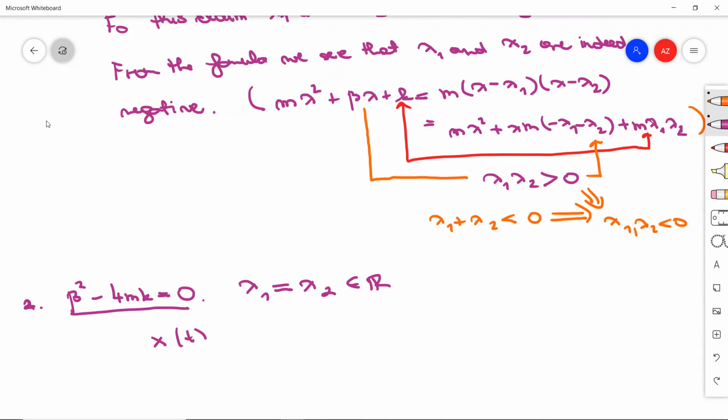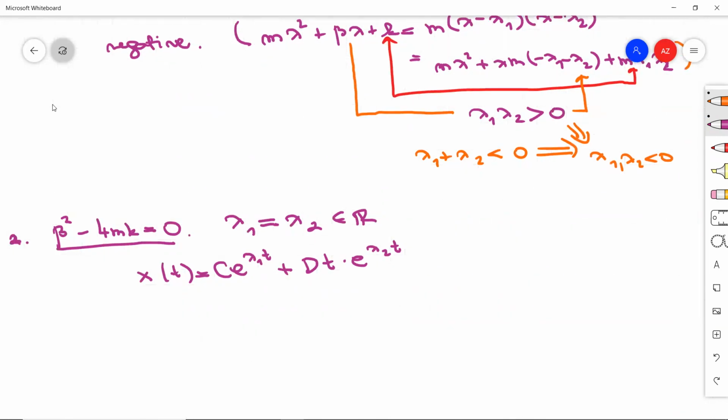And so the solution is some constant times e to lambda 1 t plus d t times e to lambda 2 t. We can just write lambda instead of lambda 1 and lambda 2, because they are the same. Again, we would like to see that x of t goes to 0 as t goes to infinity.